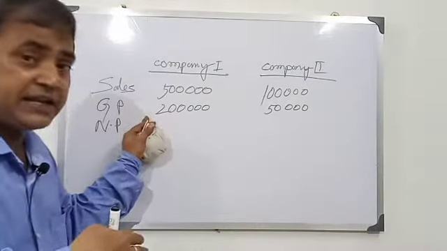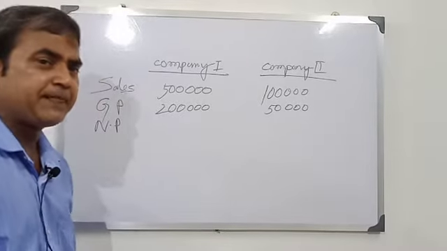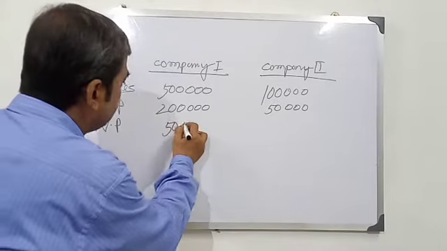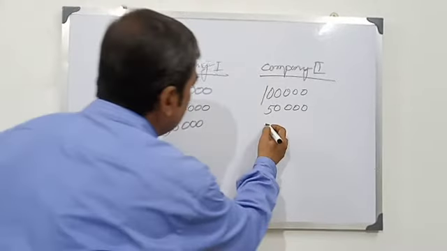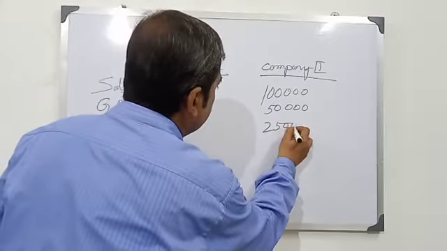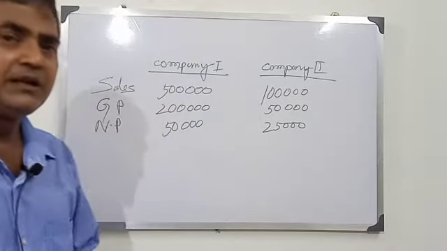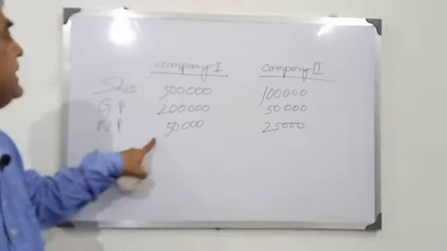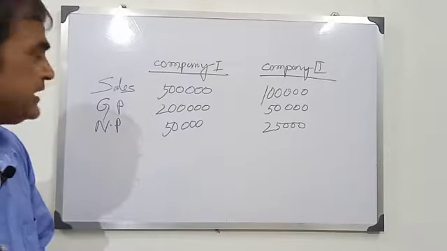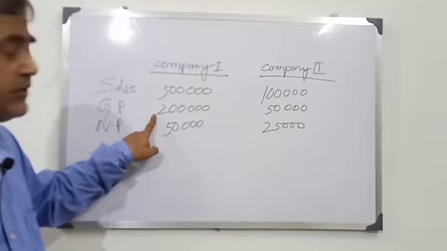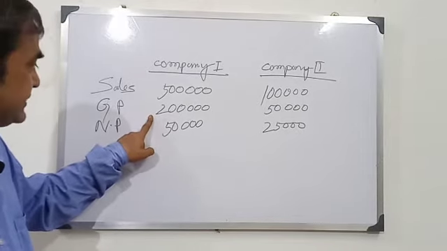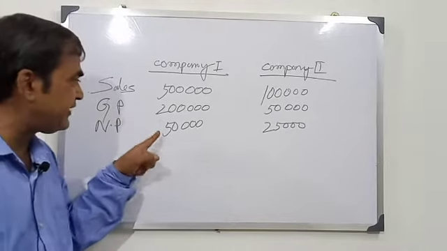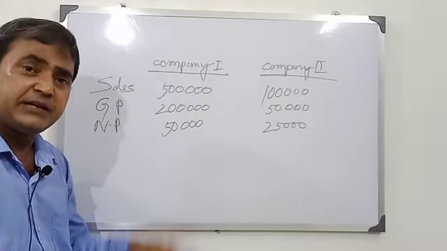GP is high in one, low in the other. Net profit is 50,000 for one and 25,000 for the other. By looking simply, as per the financial statements, that is the trading account, we find better gross profit, and in the profit and loss account we find better net profits.